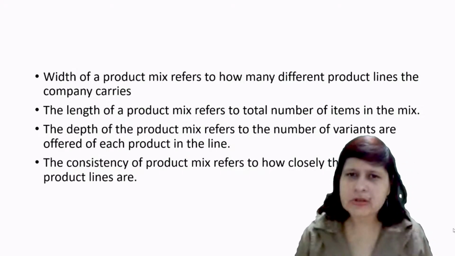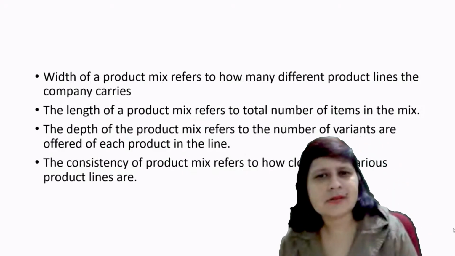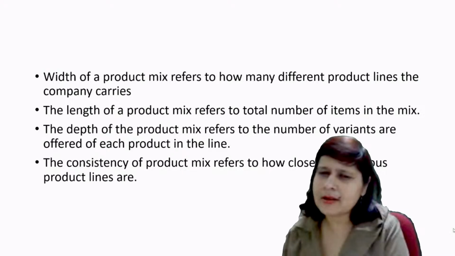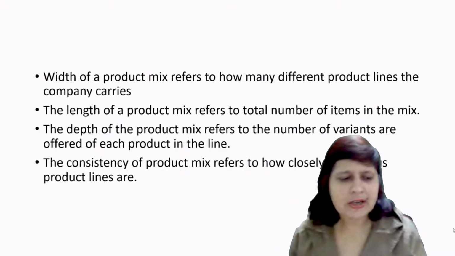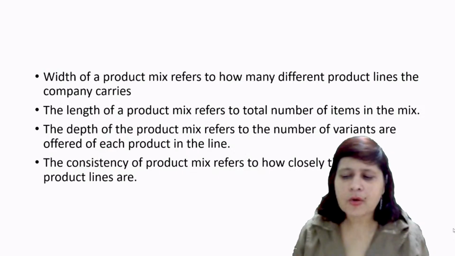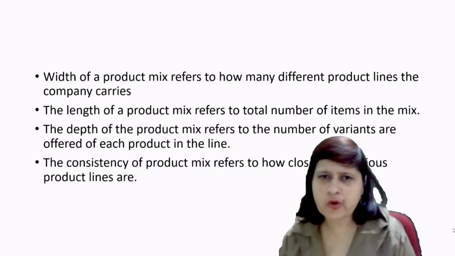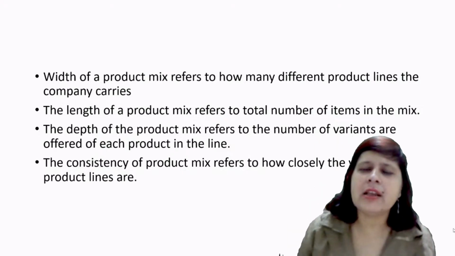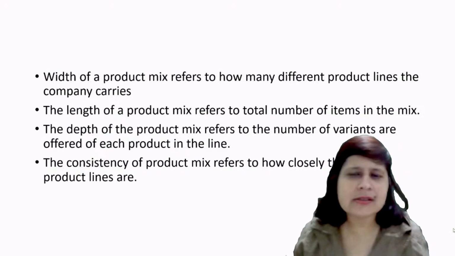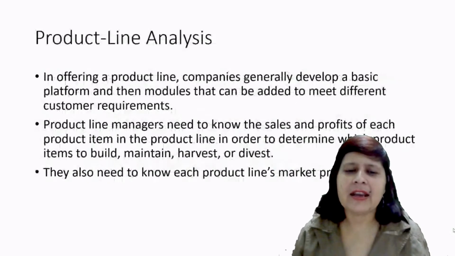Like say if your product line includes one segment about jewelry, another about steel, or another about electronics, right? So consistency is how closely the various product lines are, that is the personal goods, kitchen, or electronic items. These are closely related because we need all these things in our daily life. So how closely your product lines are related.